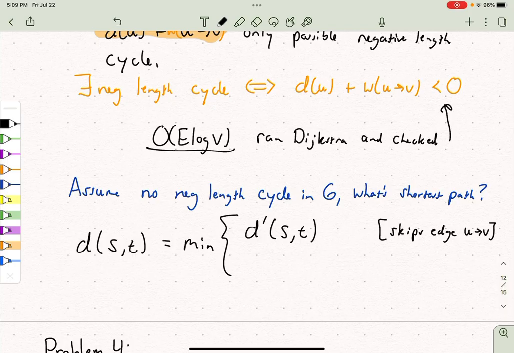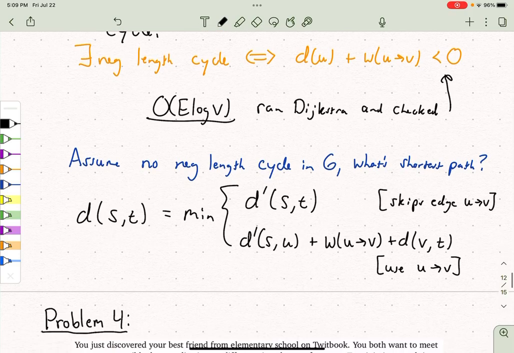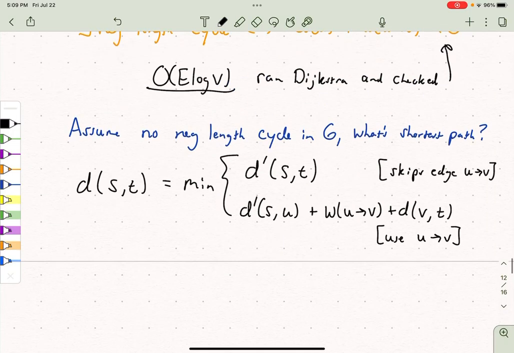Or it does use that edge, in which case the optimal path is the optimal path to u plus the length of the edge u to v, and then plus the optimal path from v to t. And that's if we use u to v on the path. So those are our two options.